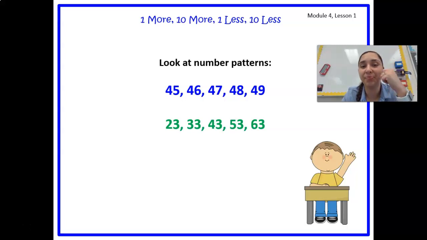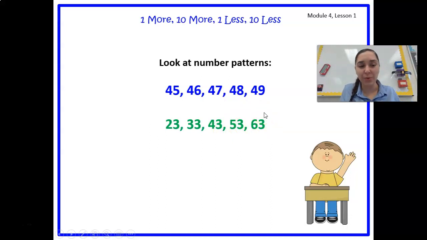Get ready. Yes, it's 10 more. This time, the ones place stays the same. All of them end up with 3. But what changed is the tens place: 2, 3, 4, 5, and 6. And we added 10 more.